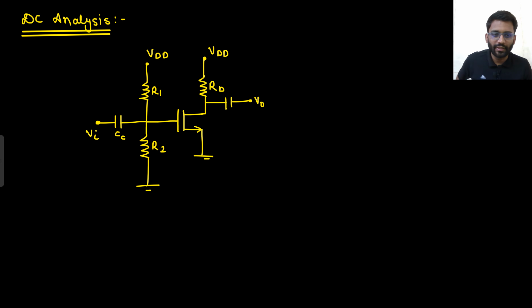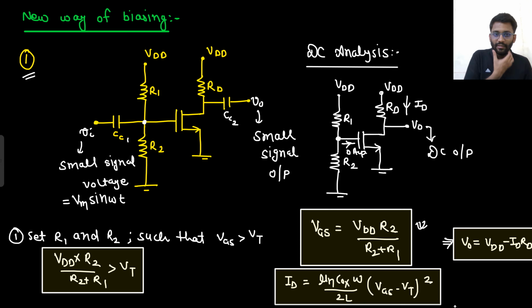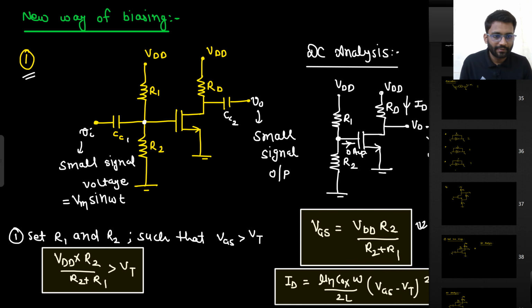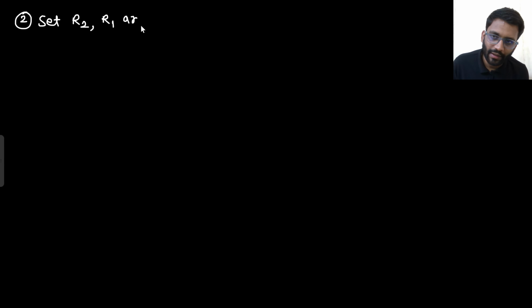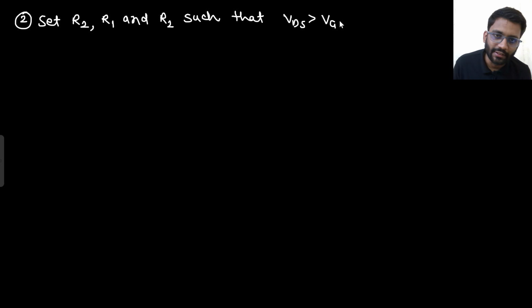And the second point should be, what should be the second point here? On the next page only I will have to write it. Set R2, R1 and RD such that your VDS is greater than VGS minus VT, right?